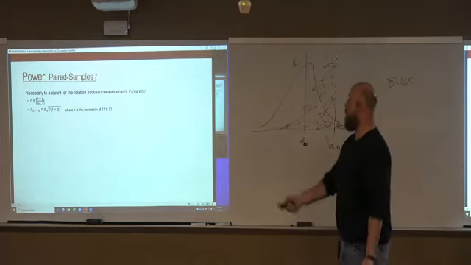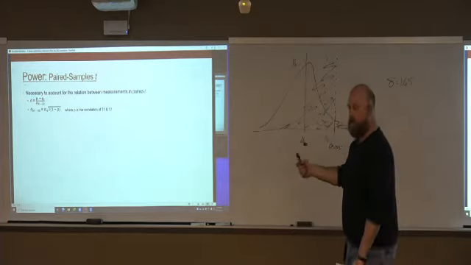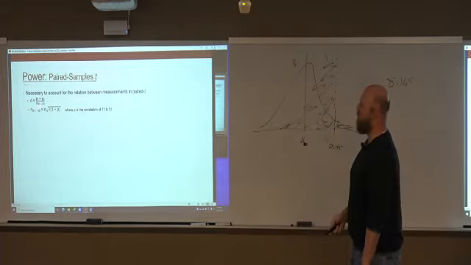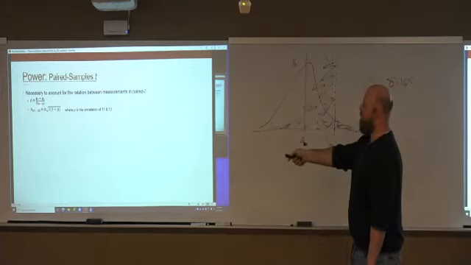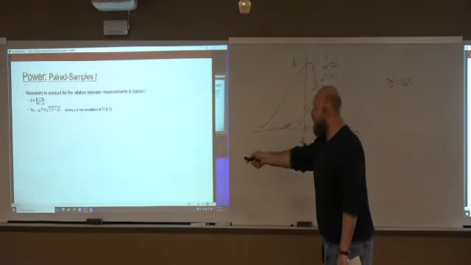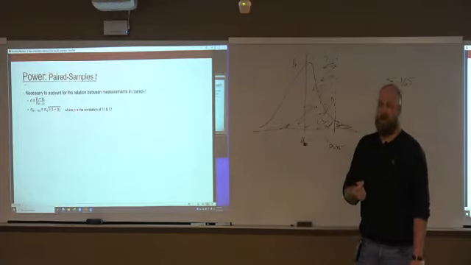For our paired sample test, we have to calculate a special measure of effect size that we use for the calculation of power. Our formula is mean 1 minus mean 2, like we would normally do. But then we have a special standardizer down here. The special standardizer is equal to a standard deviation estimate times the square root of 2 multiplied by 1 minus rho, where rho is the correlation between time 1 and time 2.